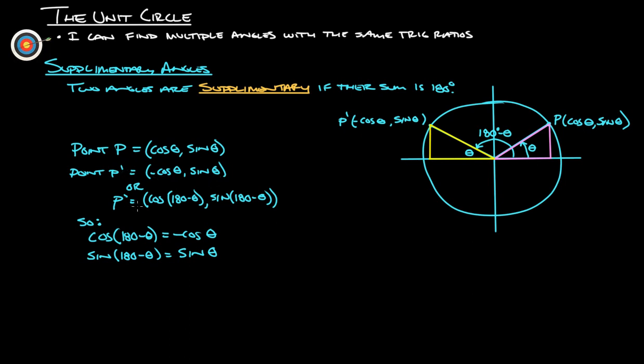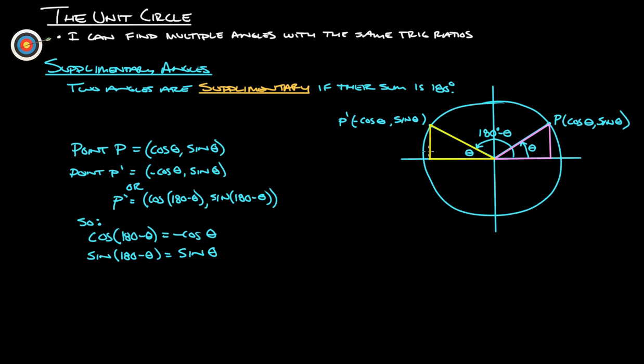Or we can say that P prime is, instead of negative cosine of theta, the opposite here, also just going to be the cosine of the supplementary angle to theta. So there's theta, and then here's going to be the rest over here. And then the sine is going to be 180 degrees minus our angle as well.